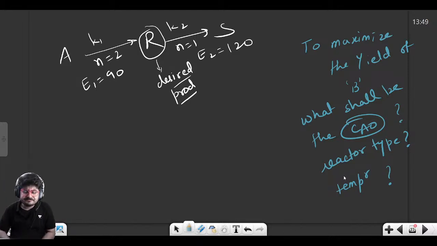Think. Take a couple of minutes. You can write your answer like high CA, high concentration, PFR, low temperature, or low concentration, PFR, low temperature, something like this. Think about this. Take 1 or 2 minutes. Okay, Tanmay, we will see.